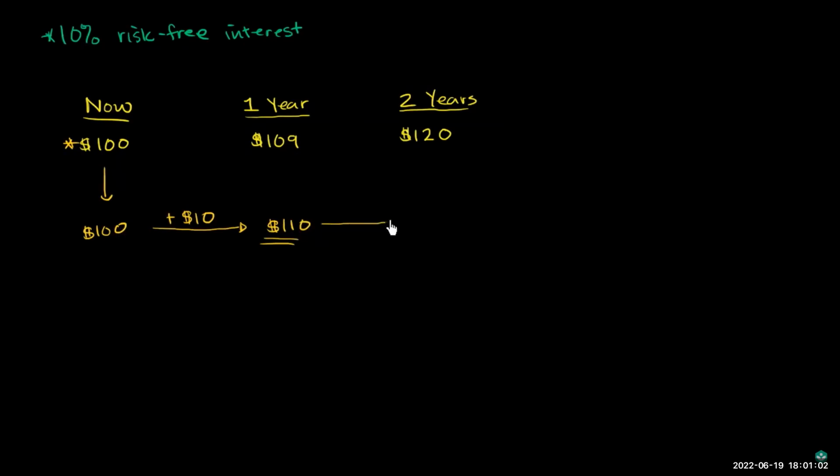Then 10% of 110 is $11, so you want to add $11 to it, and it becomes $121. So once again, you're better off taking the $100, investing it in the bank, risk-free, 10% per year. It turns into $121. That is a better situation than someone guaranteeing you $120 in 2 years. Once again, you are better off by $1.